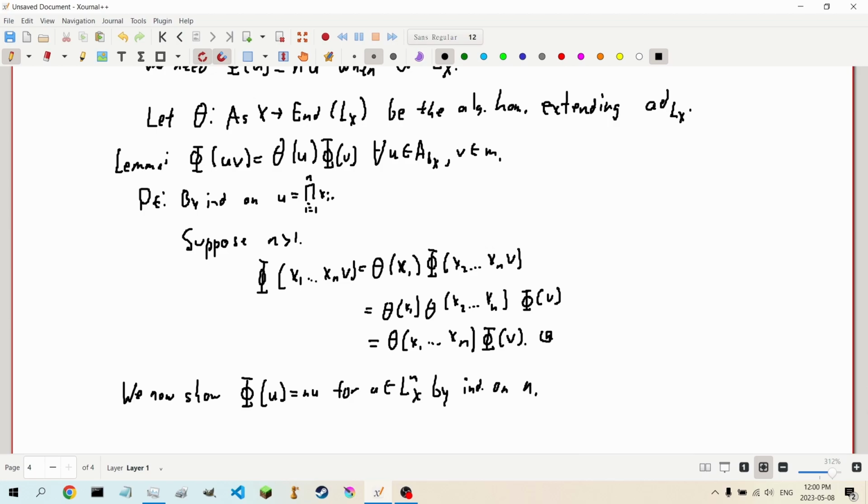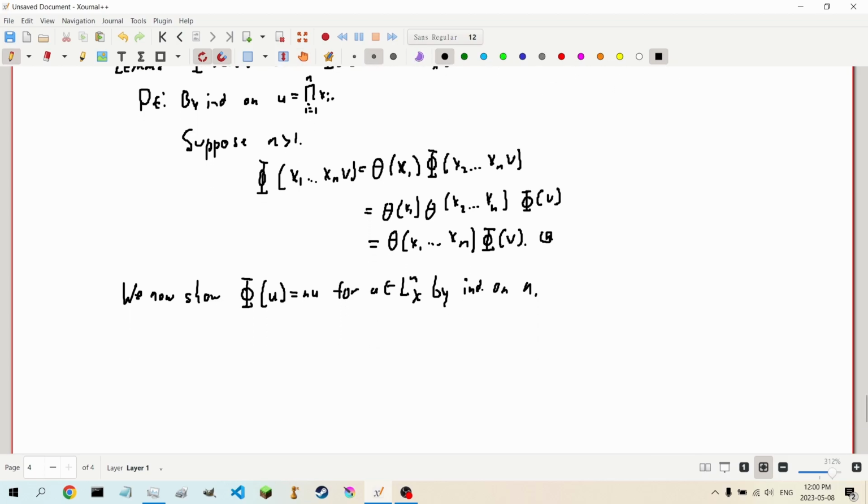Once again, if n is equal to 1, our base case, so u is just an element of x, and phi u is just the identity map, essentially, and so that's automatic. So we're going to suppose that n is greater than 1, that's our induction hypothesis.